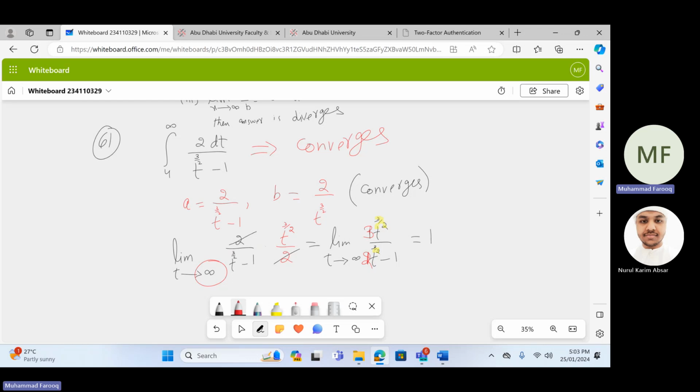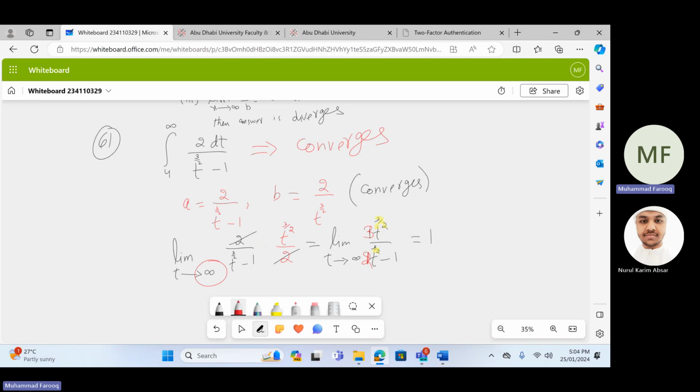Sometimes you can't use this property. We can use it when the limit is at some number, like T approaches 3, or 5, or 6. But in LCT, the limit is at infinity, so you can always use this shortcut.